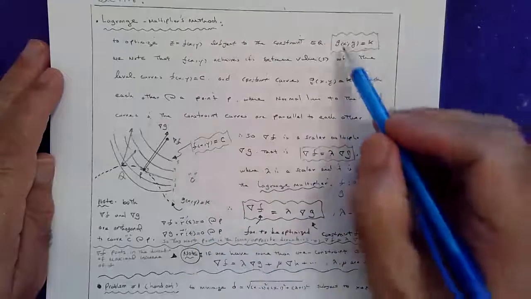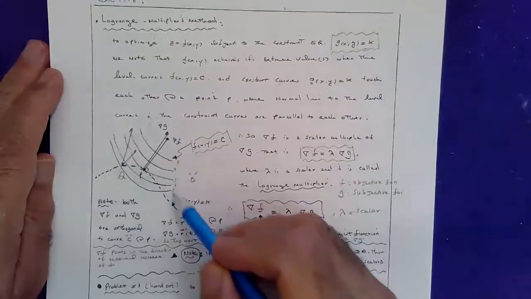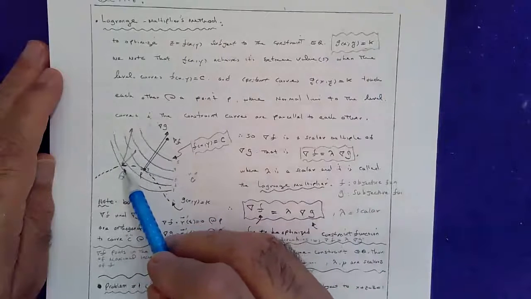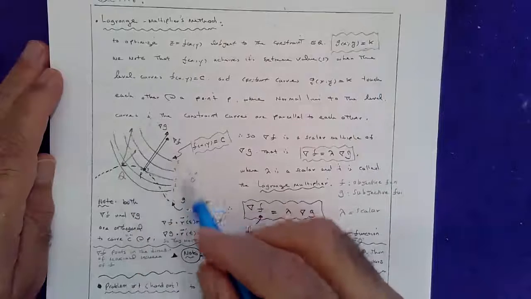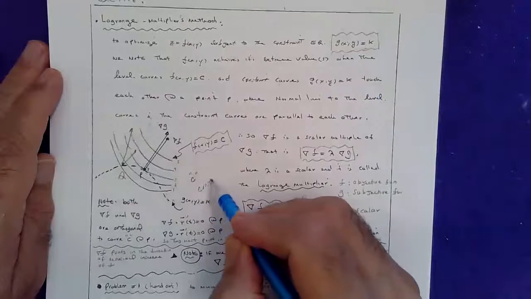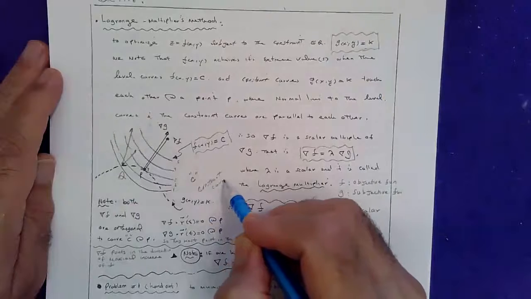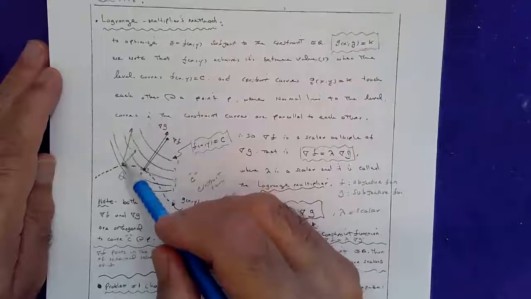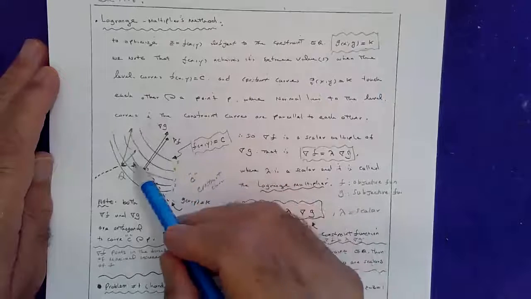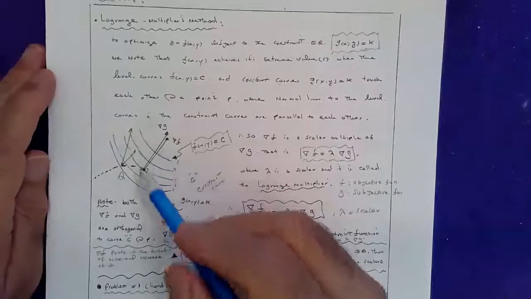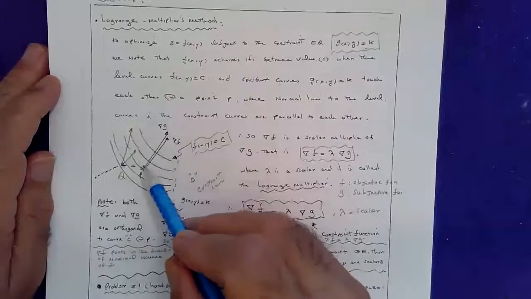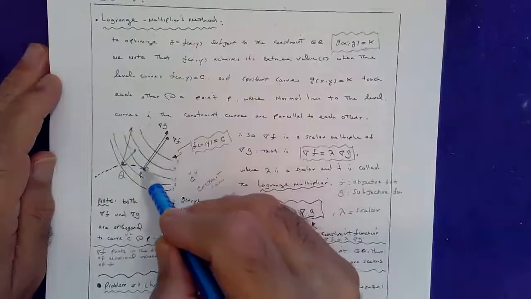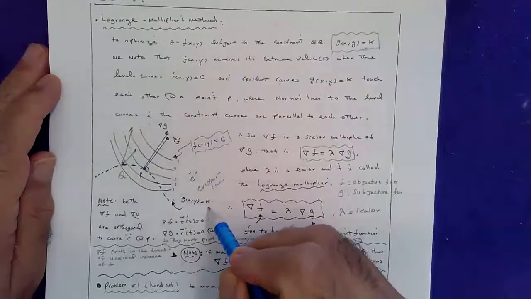Suppose I graph that specific level curve here, which I'm going to show with the dotted line. If I stand on a random point on the constraint curve, that's what it's called, constraint curve, and move around, specifically if I move toward the direction where the function increases, the function is going to increase till I get to the point P, where the level curve of the original function is tangent to the constraint curve.